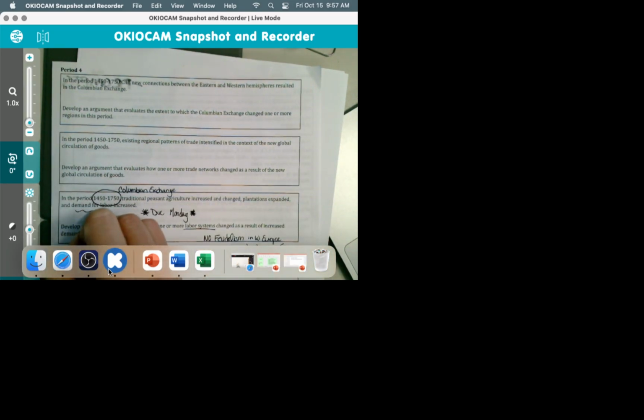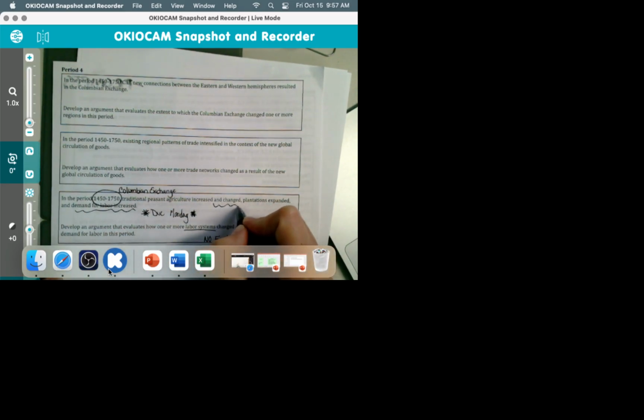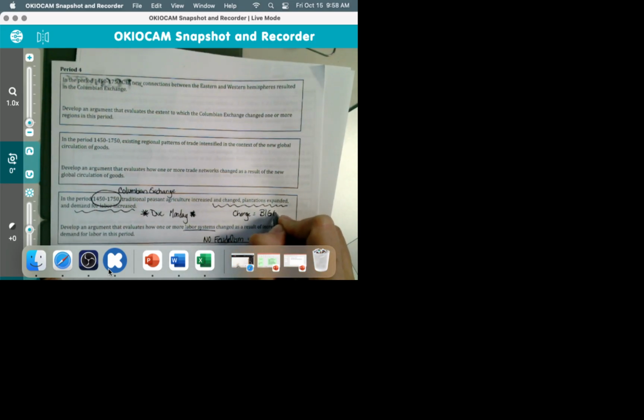You need to show change equals bigger. That is what they're getting at. All of a sudden, everything is getting bigger. So we are talking about how things are expanding, and that is something you need to tie back to in the prompt.